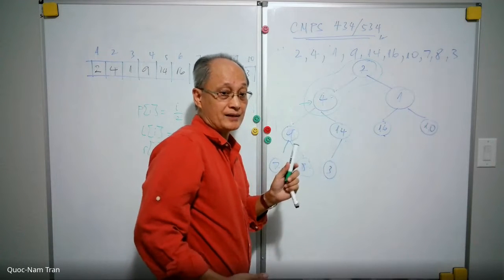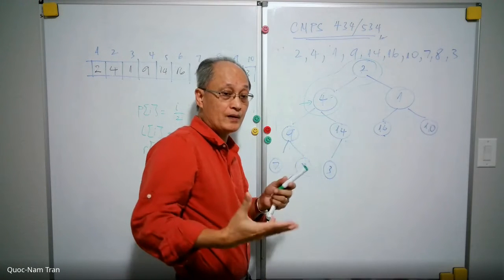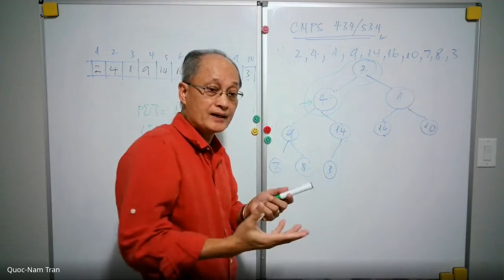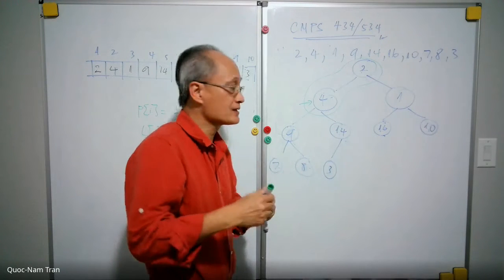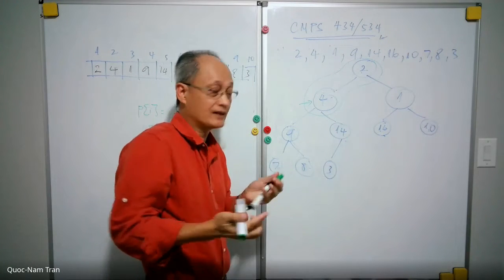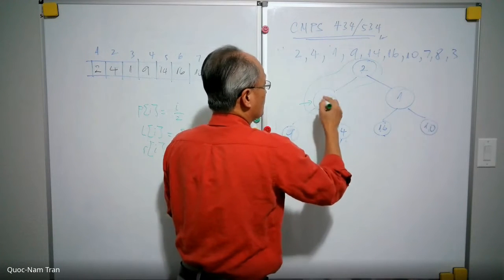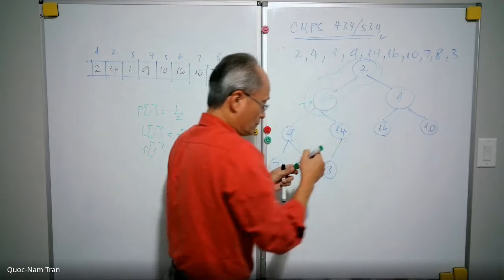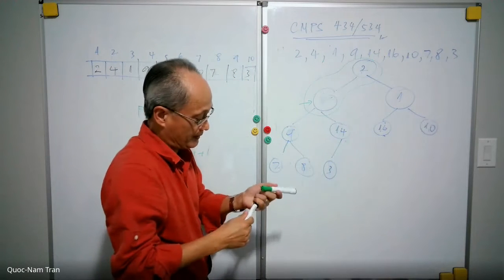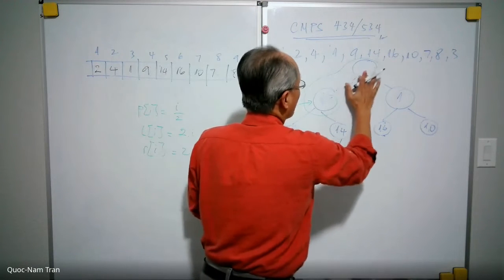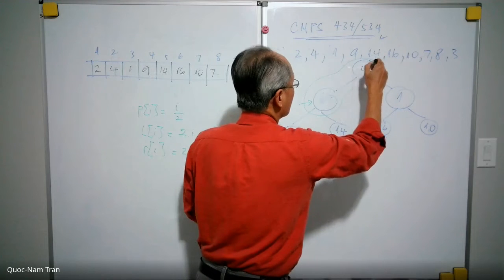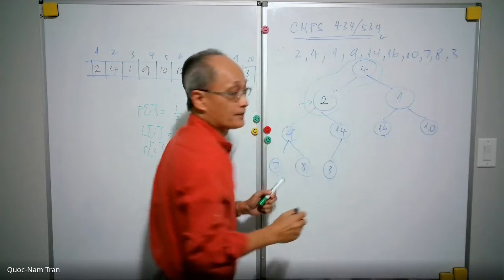And if it's bigger than the parent, then we know that the order condition has been violated. So we will try to correct that by swapping the value, right? So that's it. We will have 2 here and 4 up there. Swap them. We have 4 here and we have 2 here.